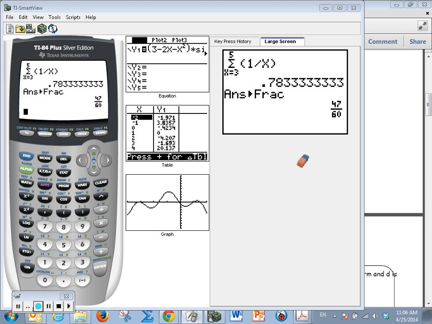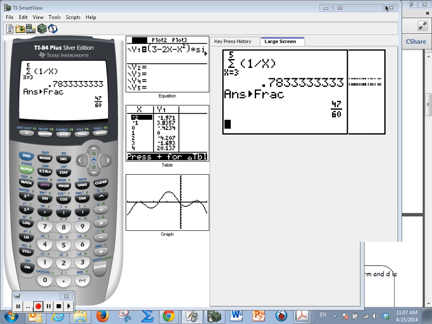You have to type the variable, then the equation, then the lower bound, where you're starting at and where you're ending at. It's pretty complicated, but you can do it.